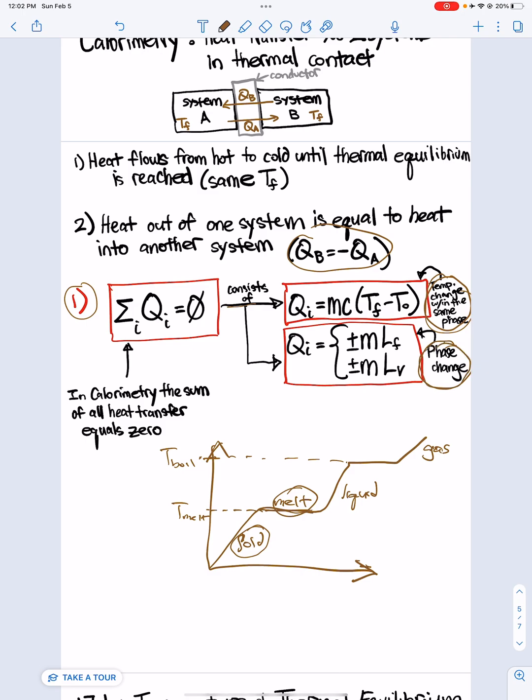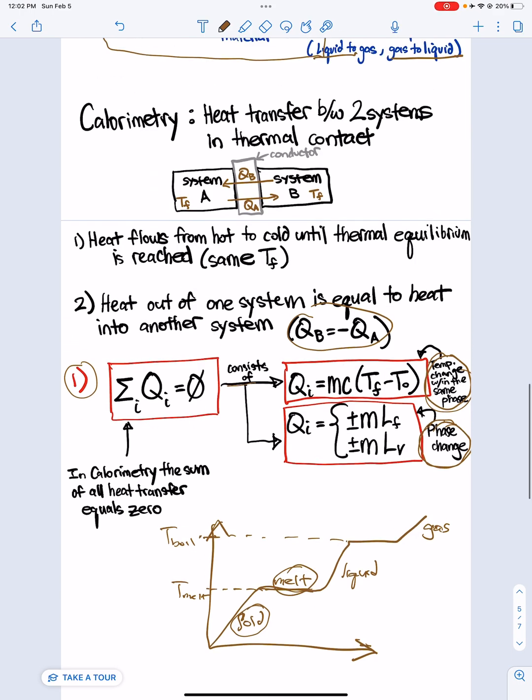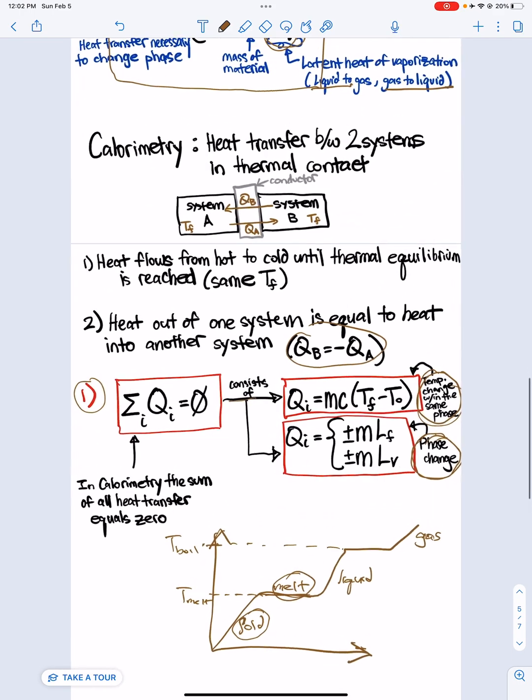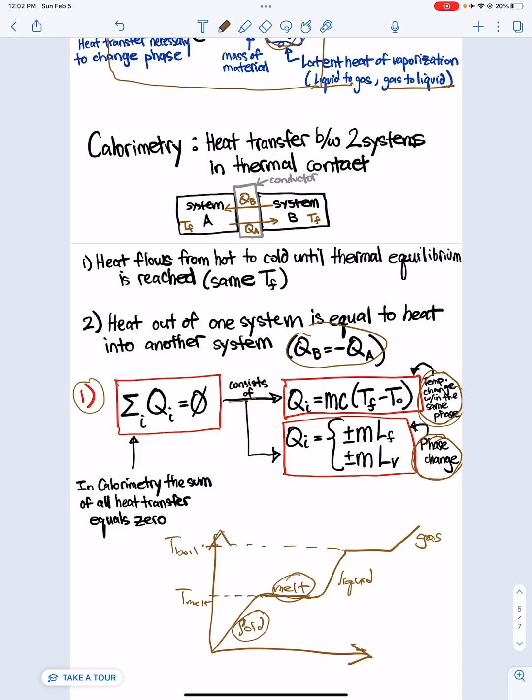Also, the heat transfer necessary to change phase, which is plus or minus mass times latent heat of either fusion or vaporization, depending on what phase we're going to or switching from. So that's a quick summary of important formulas and terms in chapter 17, temperature and heat. Hope that helps.